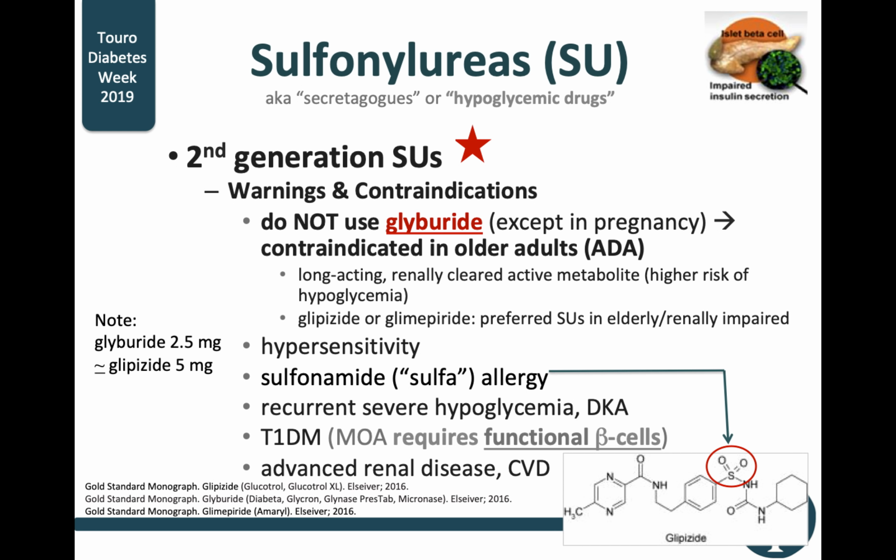And this is not a drug for type 1 patients because in order for this drug to work, we rely on some function of the beta cell. For type 1 patients, as Dr. Schubro mentioned in his lecture, they do not have the ability to produce insulin. And lastly, for those who have cardiovascular conditions or renal conditions, we would want to avoid sulfonylurea.